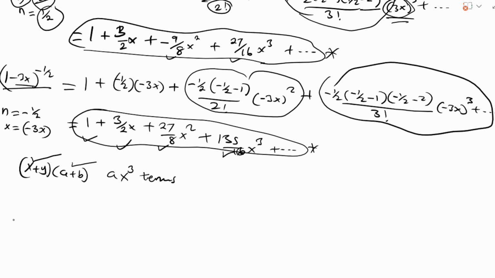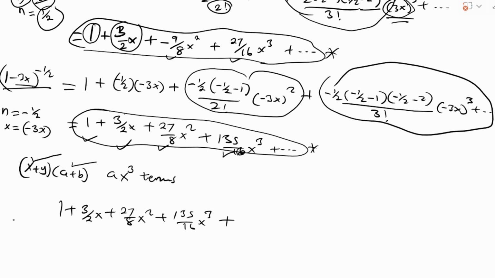Now we shall start from 1. So 1 multiplied by everything in the second bracket. Remember, multiplying by 1, you just get 1 plus 3 over 2 x, and then plus 27 over 8 x squared plus 135 over 16 x power 3.